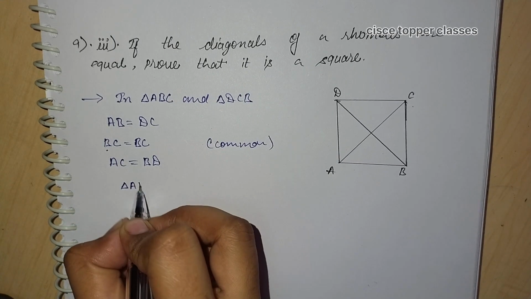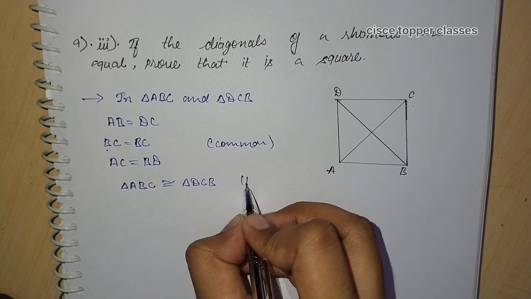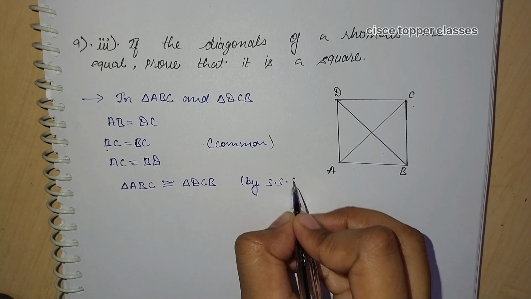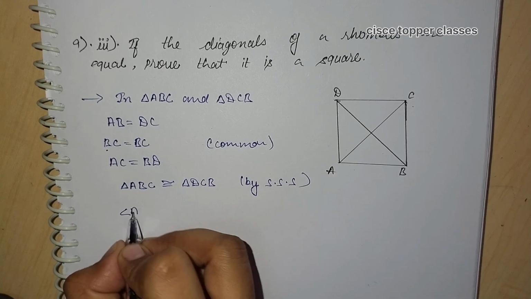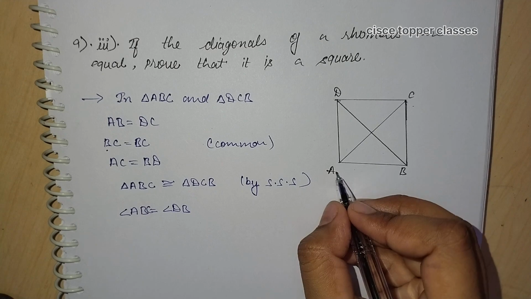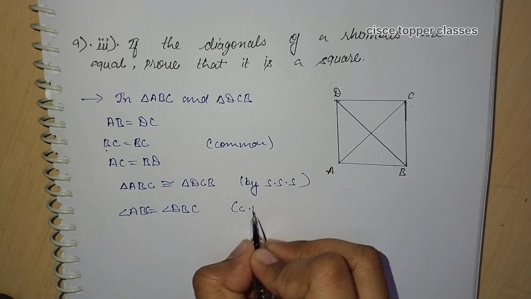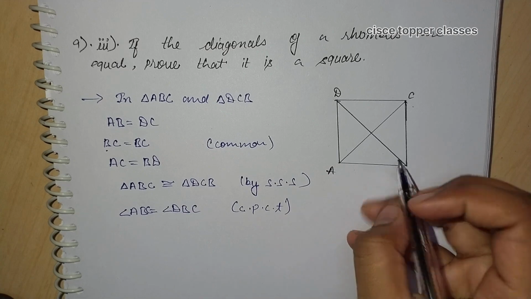So triangle ABC is congruent to triangle DCB by the SSS rule of congruency, and angle ABC is equal to angle DBC. This is CPCT, as we know.